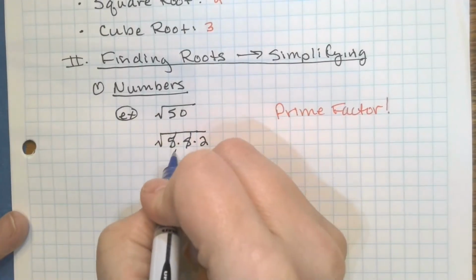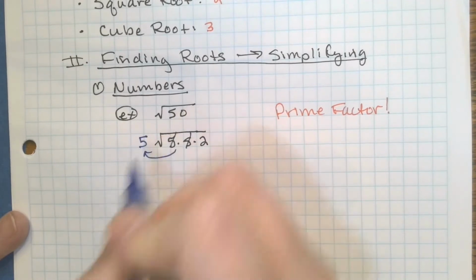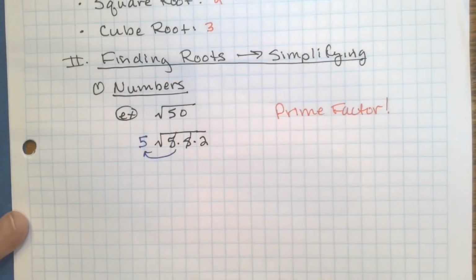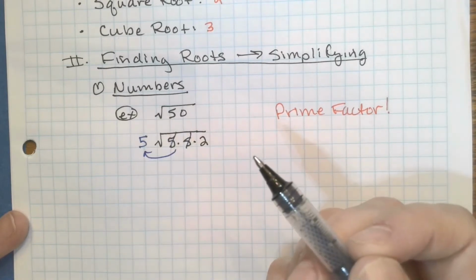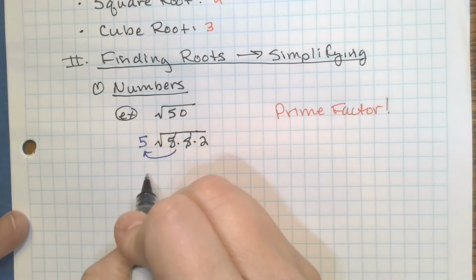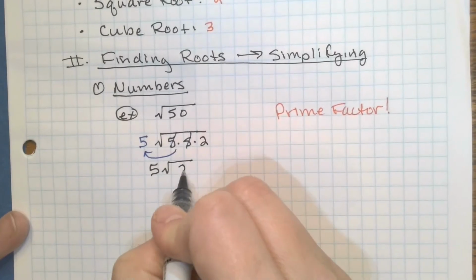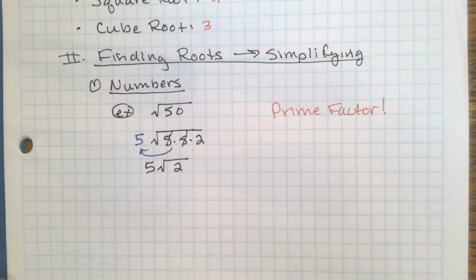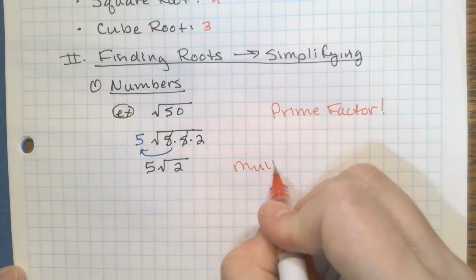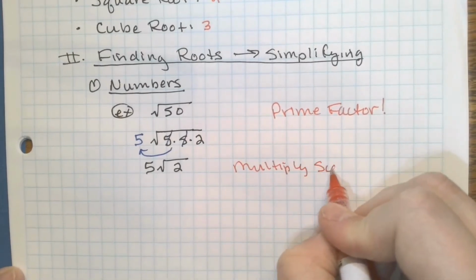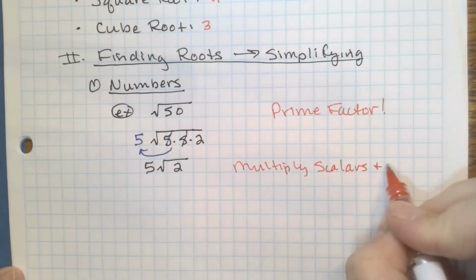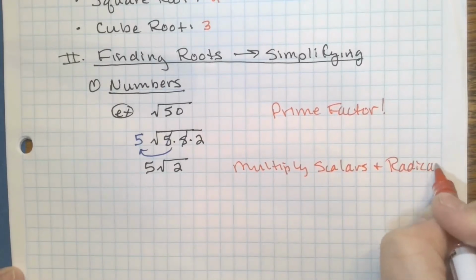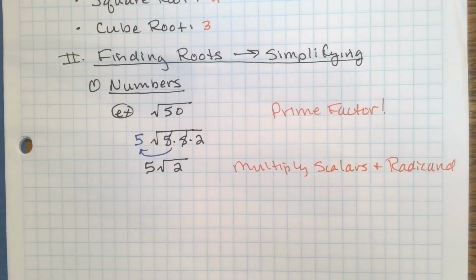So 2 5s, 1 comes out to the front, and it gets multiplied by anything that's out there. Since there was only an invisible 1, it's just going to be a 5 and then square root 2. So once you've pulled out what you need to take out, you need to multiply the scalars and the radicand back together again, so you have one number inside, one number outside.